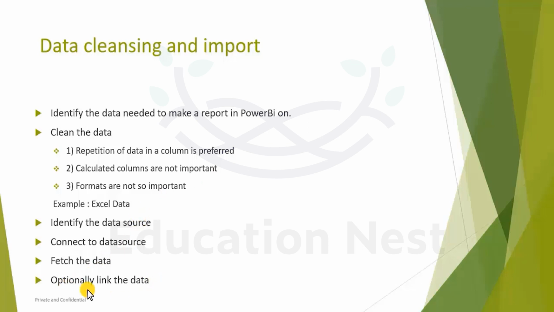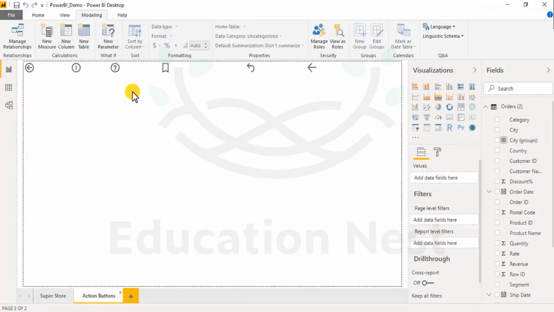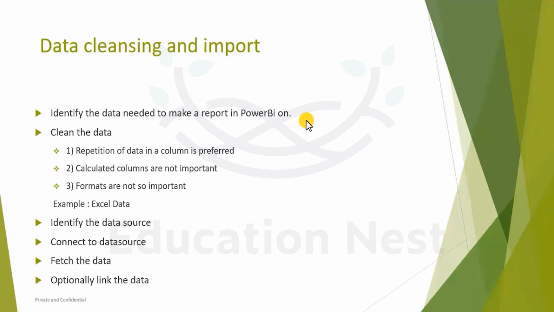And optionally, we link the data. So we have linked the data using the back and the forward icon buttons, which help you connect to it. With this, we complete the second section of our story, which is file menu options and cleansing and import of data.